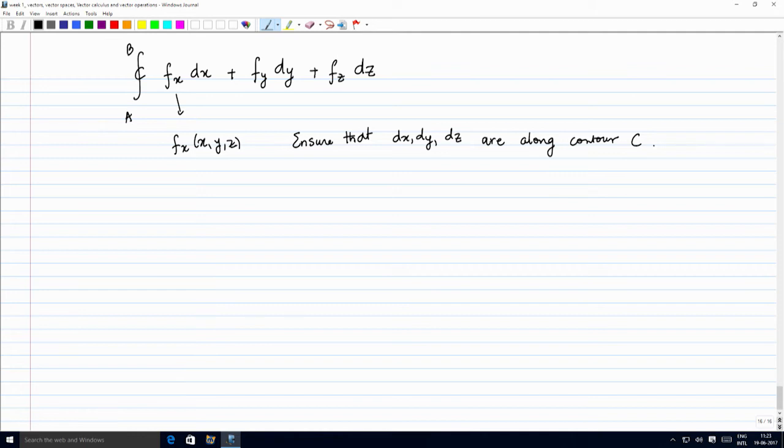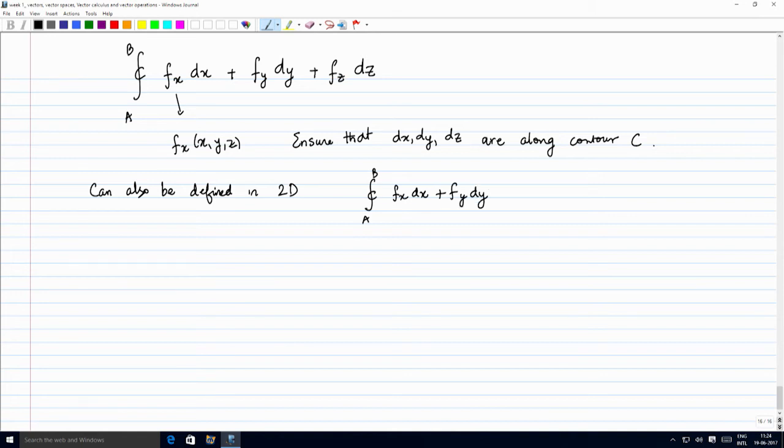Line integrals can also be defined in 2D. In 2D you could have the integral from a to b along contour C of f x dx plus f y dy.